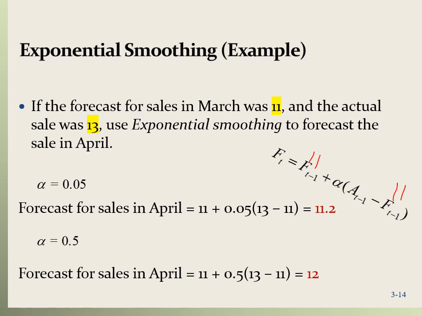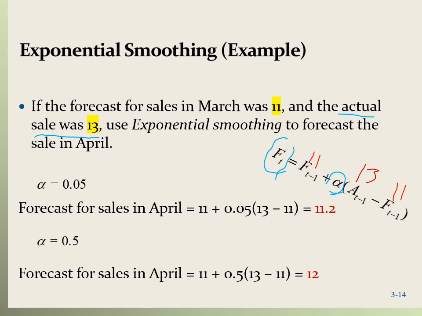The actual sales for March was 13. So A T minus 1 was 13. So the only thing that we need to know is alpha, the smoothing constant. If you plug in the value for alpha in this formula, you're going to get your forecast.